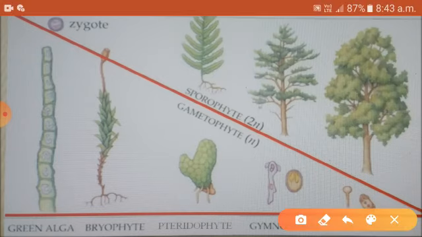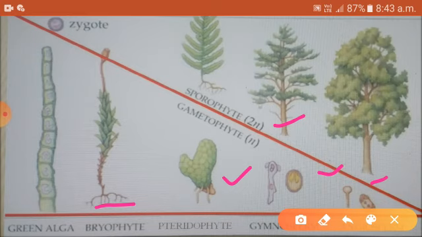You can see here in this image. While in pteridophytes and in higher plant groups like gymnosperms and angiosperms, you can see here, the main plant body is diploid and sporophyte.